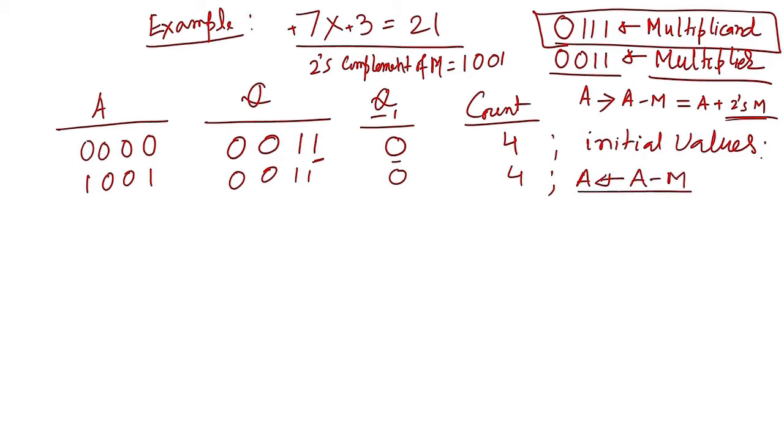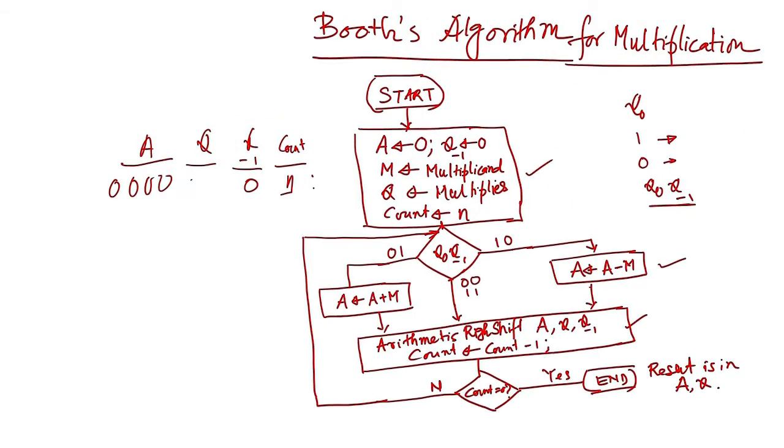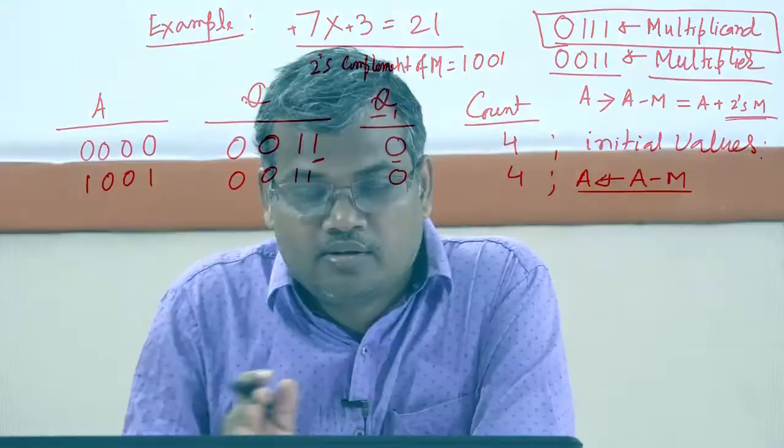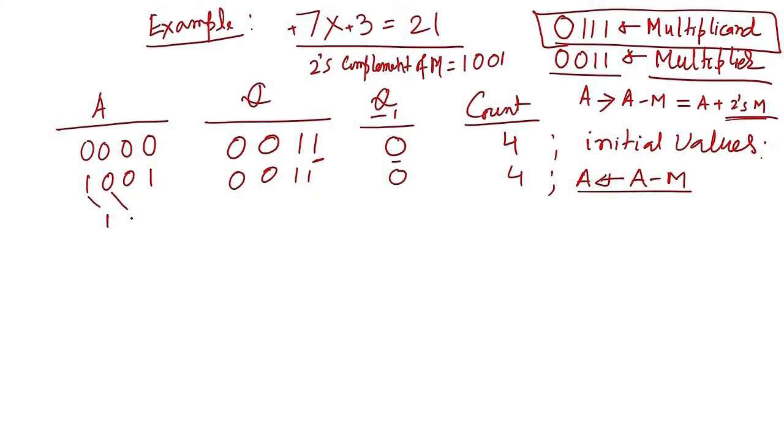Now, what next? Once you perform this operation, we have to do the arithmetic right shift of A Q Q minus. So, we shift A Q Q minus to the right side. So, this 1 will come here, this 0 will come here, and so on for each bit.